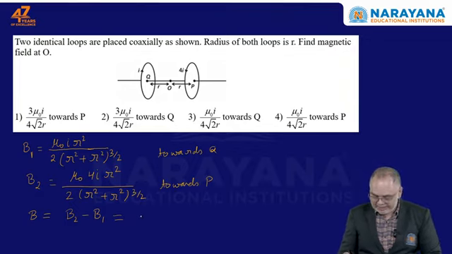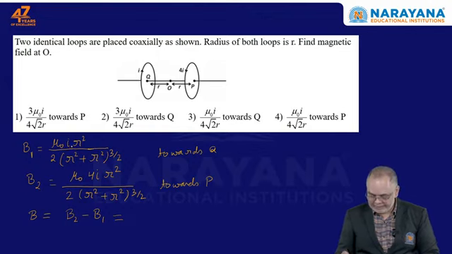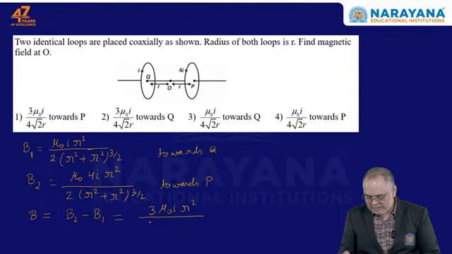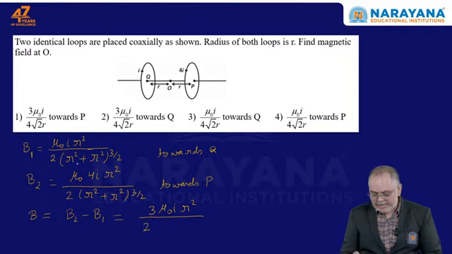So if we subtract these two, you can see clearly that all the remaining values are the same except the current value. So we subtract the current, 4i minus I, that is 3i. So the magnetic field will be 3 mu naught I into r square upon 2 into r square plus r square, that is 2r square to the power 3 by 2.